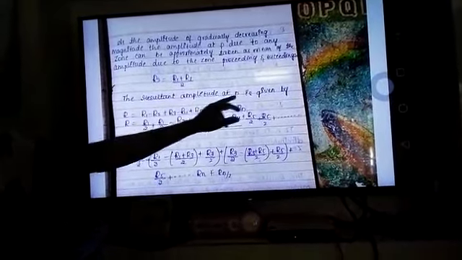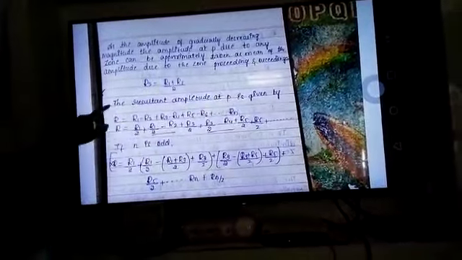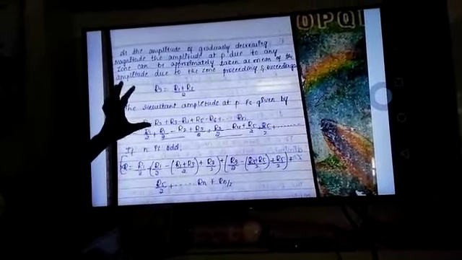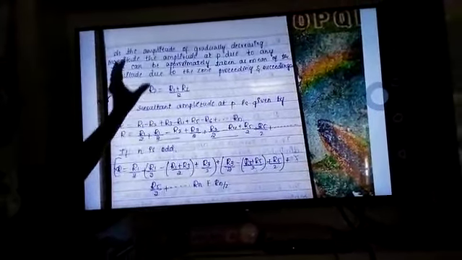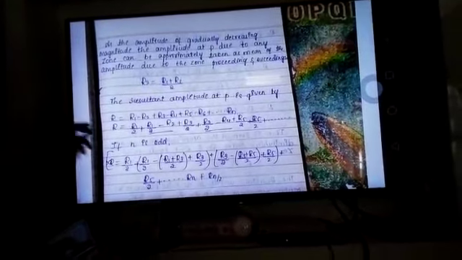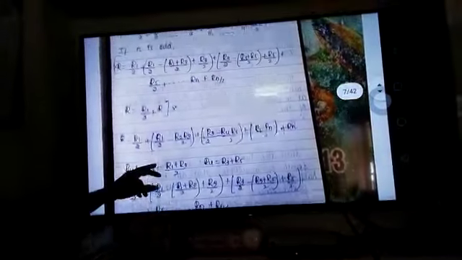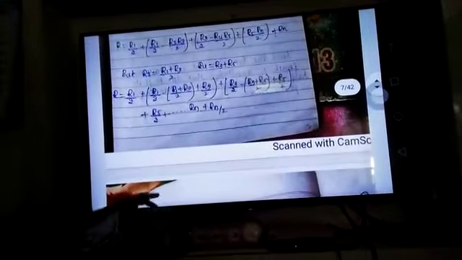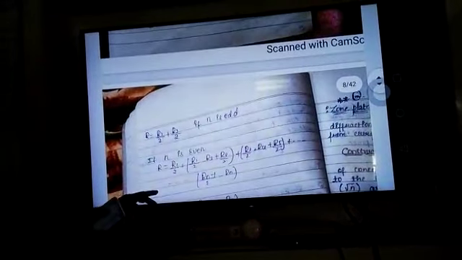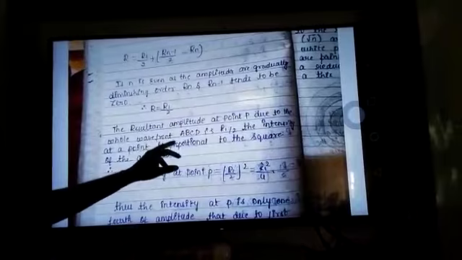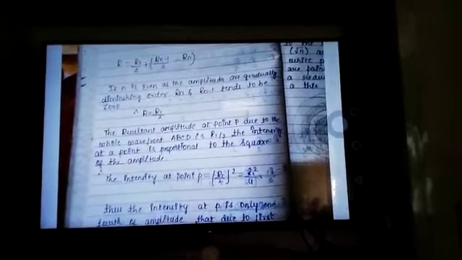The resultant amplitude R at P due to the whole wavefront ABCD, after substituting, is equal to R1 by 2.